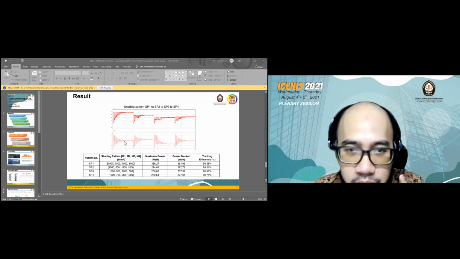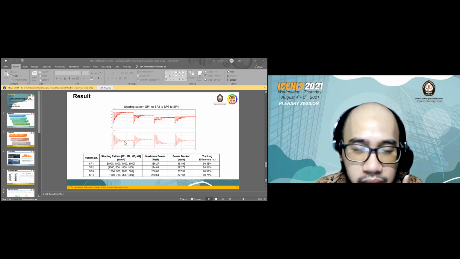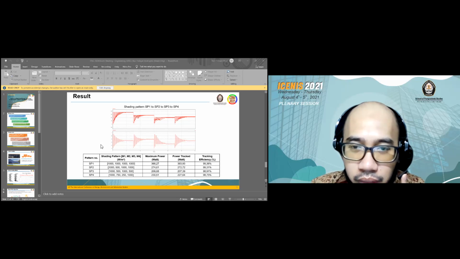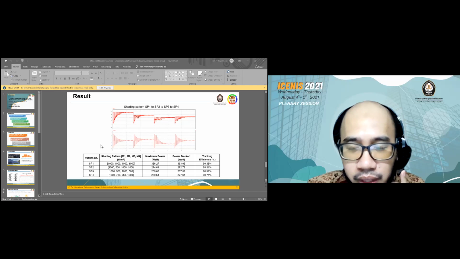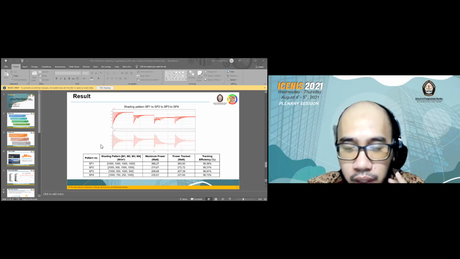When there are many solar cells connected in a series configuration, there are different shading conditions. So the solution is we try to set the parameters of the control itself to detect the shading condition. That is the problem.